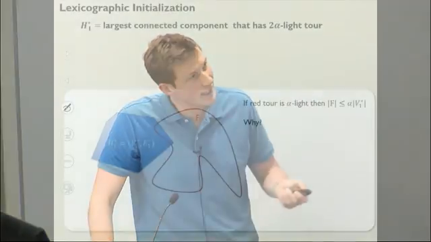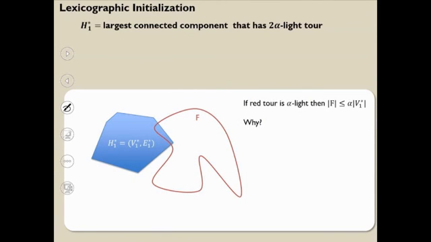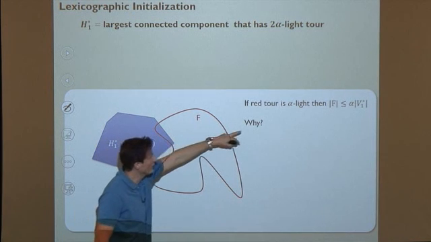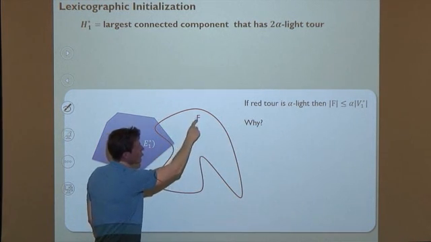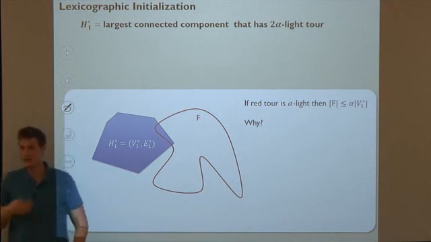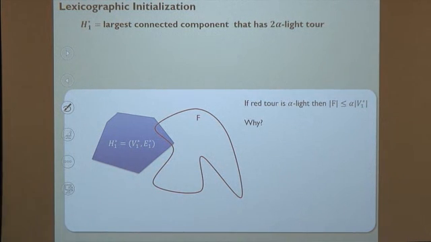Why do I do that? So let's look at F. If that's an Eulerian subset of edges that is alpha light, then I claim that the number of edges in F is at most alpha times the number of vertices in H1 star. Why is that?